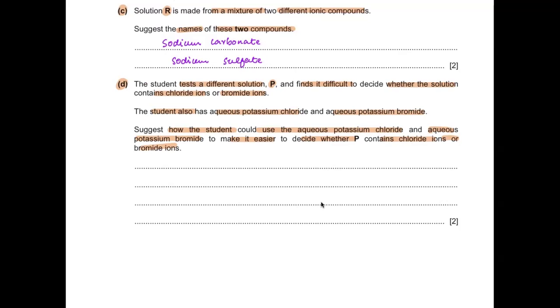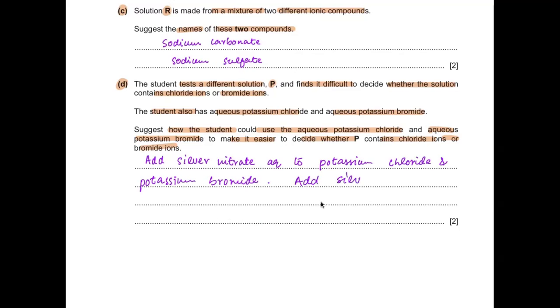So add aqueous silver nitrate to potassium chloride and potassium bromide. Chloride will give us the white precipitate and potassium bromide will give us a cream precipitate. Is this clear? Yes.